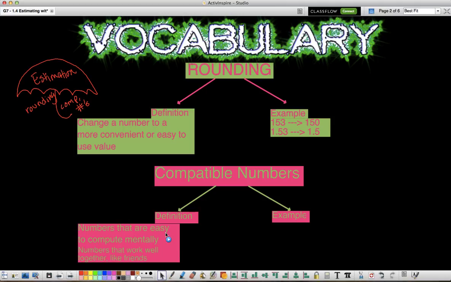Do they work well together if they give us a remainder or a decimal or a fraction? No, they work, but not as easily as we'd like them to. So compatible numbers are numbers that work well, and that means that they don't give us a remainder when we divide. For example, 10 and 2 would be compatible numbers, because I know that I can divide 10 by 2 and get a nice whole number.